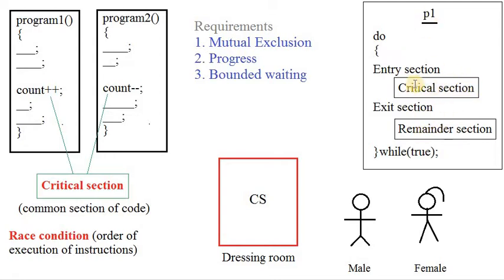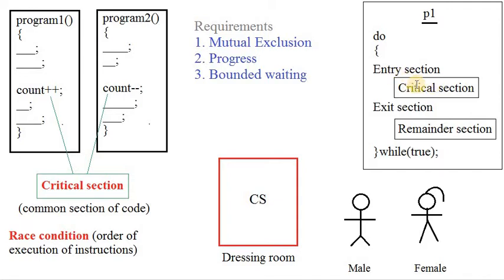The code involved in this critical section is common with another program, and that is called the critical section. To restrict programs from entering the critical section, we should have sections to control the number of programs executing the same critical section statements.